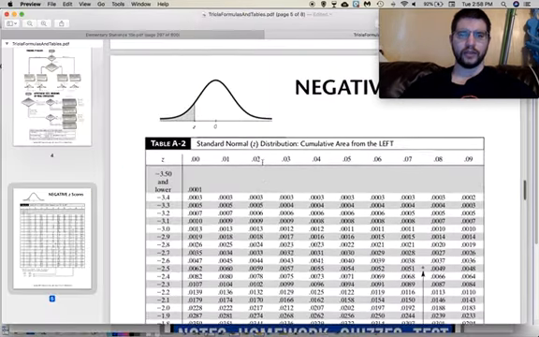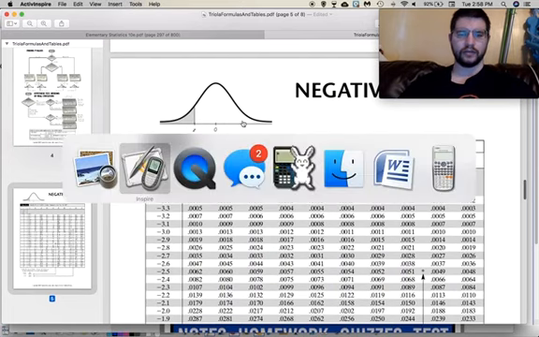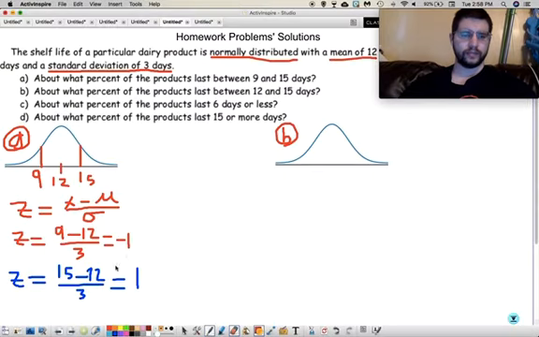Now again, these charts give us the area to the left, and we need the area to the right. I'm going to take this 0.1587 and put it here. So that's the area to the left here, and we want the area to the right.